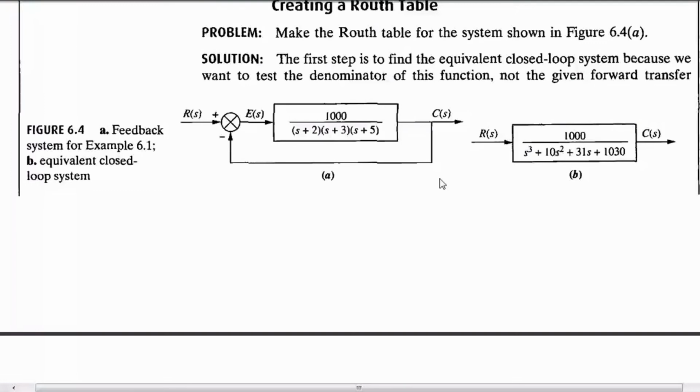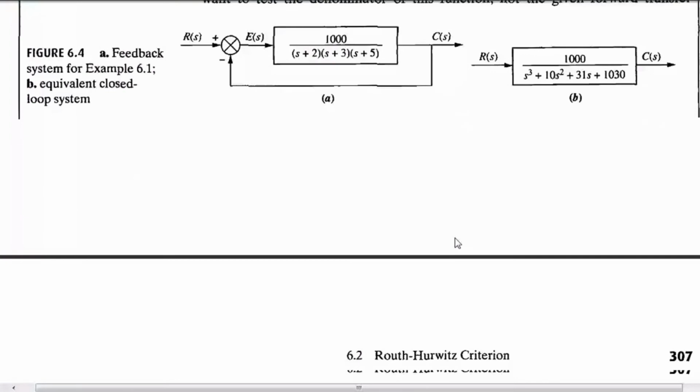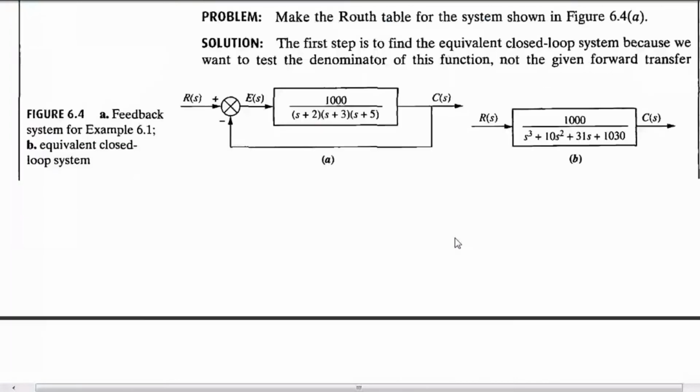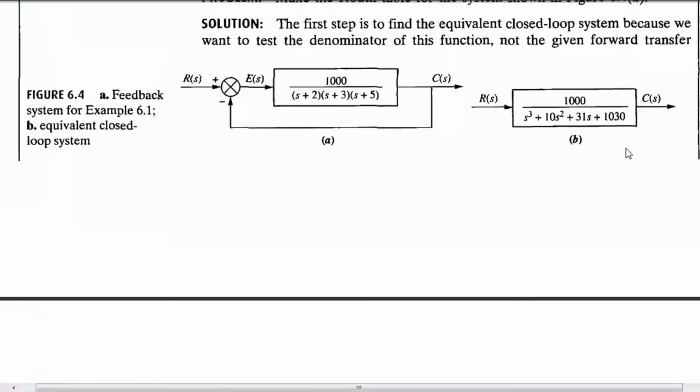Okay, now we have the equation here, which is S3 plus 10S square plus 31S plus 1030, right? So in Routh table, because we are finding poles, that's why we are focusing on the denominator. We have nothing to do with the numerator, because we are not talking about zeros.